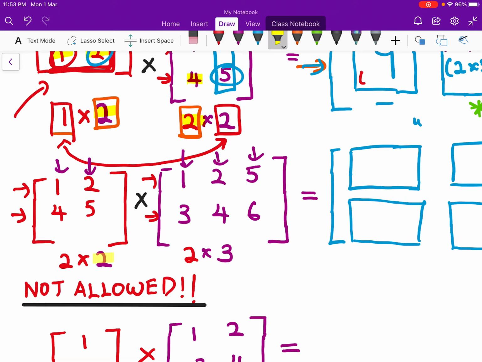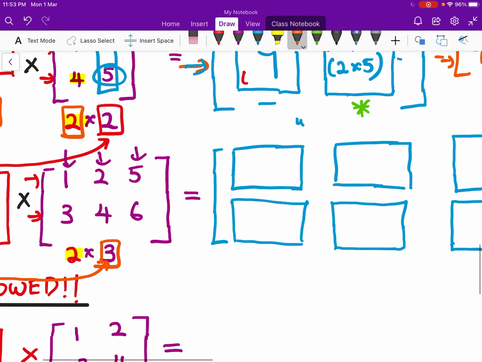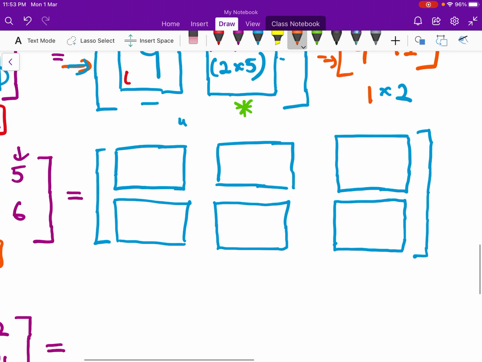So you can see we can multiply because these 2 and these 2 are the same. The resulting matrix is 2 by 3. So this is 2 and 3, and our resulting matrix is 2 by 3: 2 columns, 3 rows.